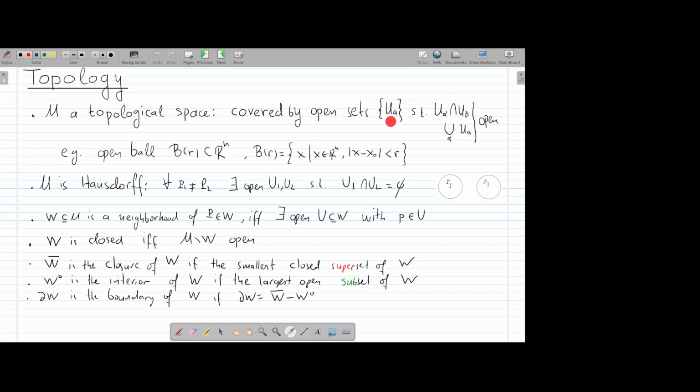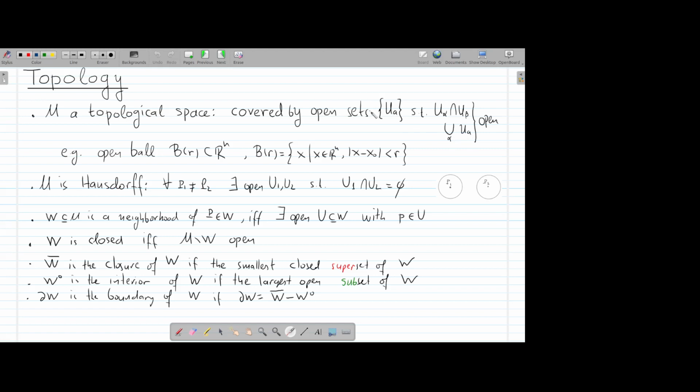That means a member of this set of sets. And if we consider the union of any number of sets, even infinite of those, then this will also be an open set.